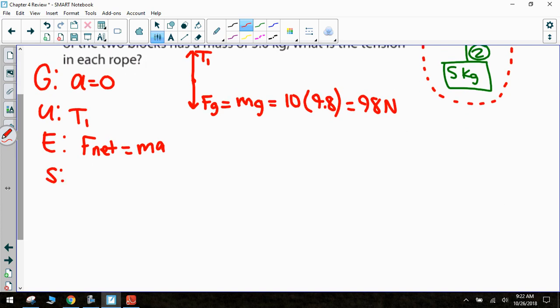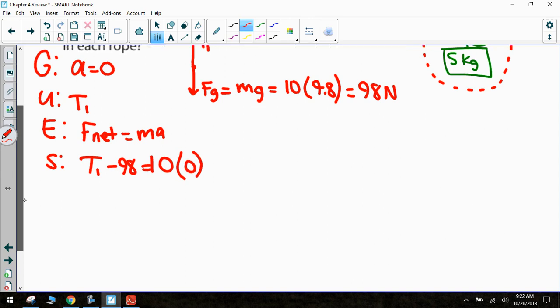Let's solve. So how do I do F net? I have to go where? My free body diagram. So I got T1 going up. Is that positive or negative? Positive T1. I got Fg going down, so that's minus 98 equals the mass, which is 10, times the acceleration, which is 0.